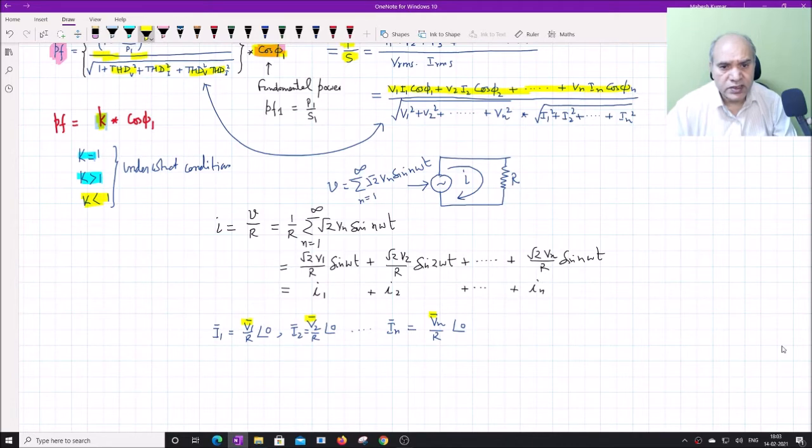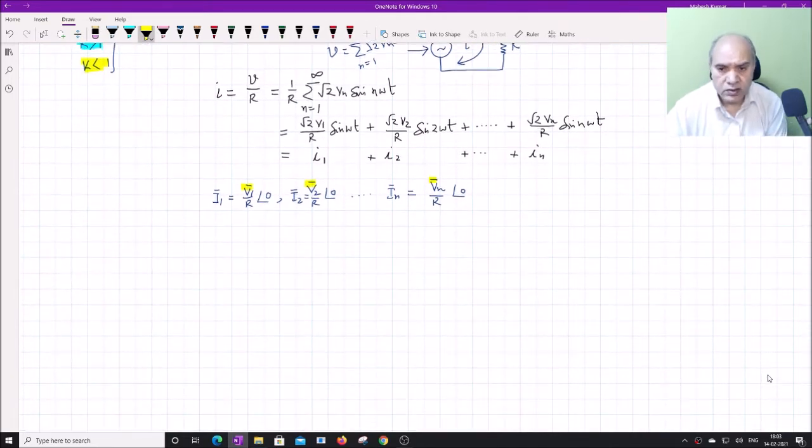Now once we know this, we can find the value of the power factor.